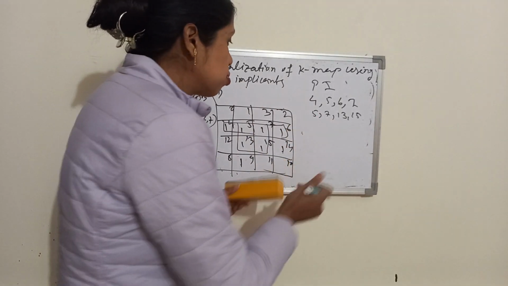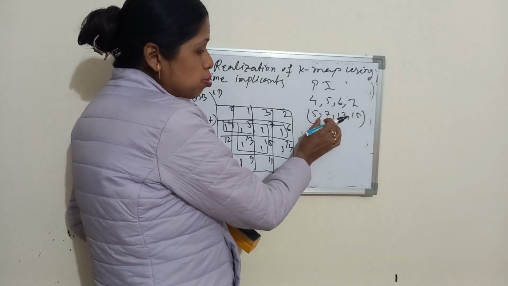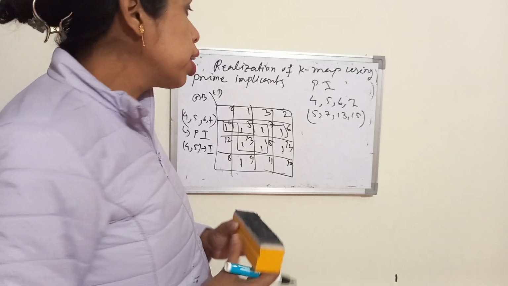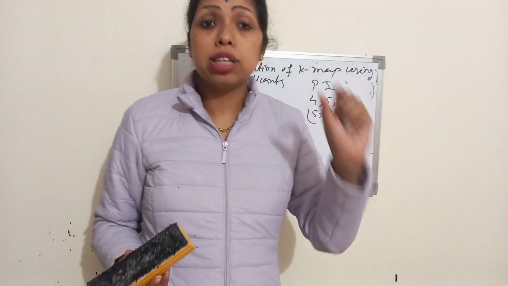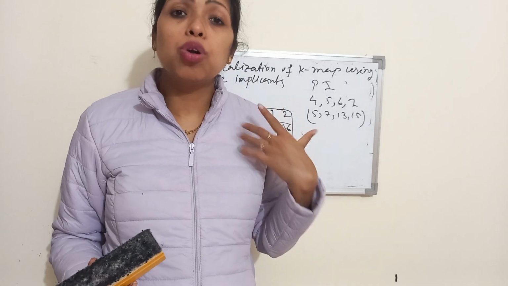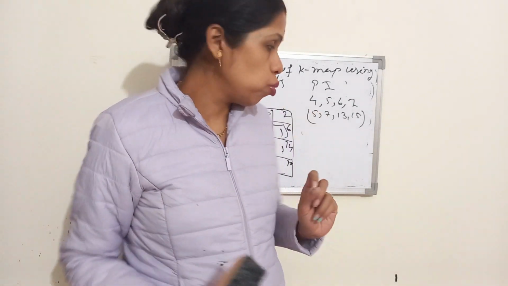Here 5, 7 and 13, 15 are implicants. 5, 7 can create a pair, but this is not a prime implicant. In the definition of prime implicant, the maximum possible group should be formed, which includes the adjacent ones.